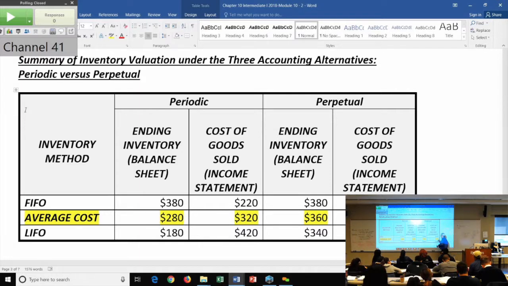From the income statement objective, LIFO would give you a better matching, or as we call it, direct association.